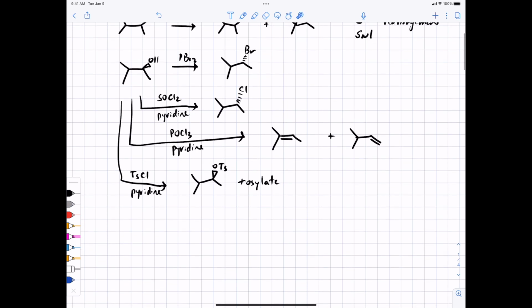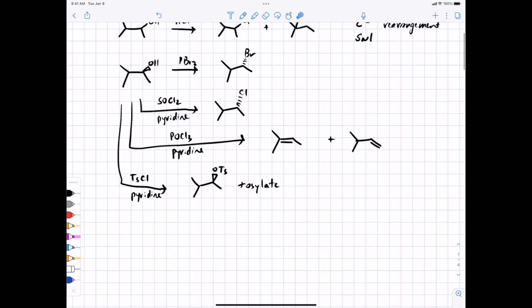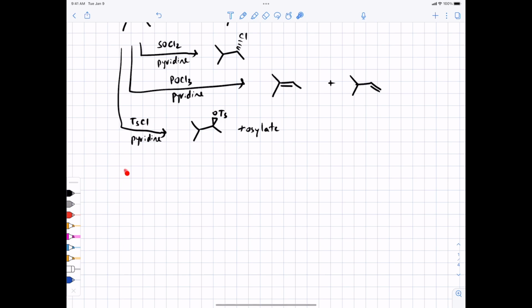One thing I didn't tell you is that you can also do dehydration or elimination reactions with alcohols under acid catalyzed conditions, but you need to use an acid where the conjugate base is really not that great of a nucleophile.